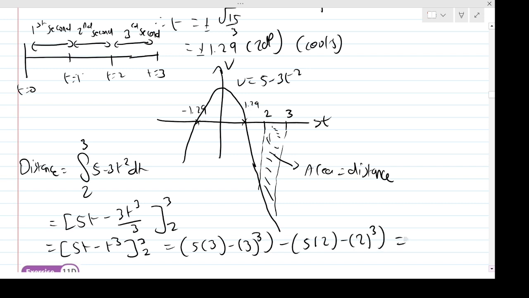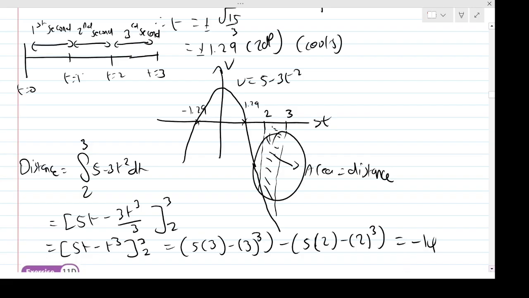If I work all that out, I get negative 14. Well hang on, why is it negative?